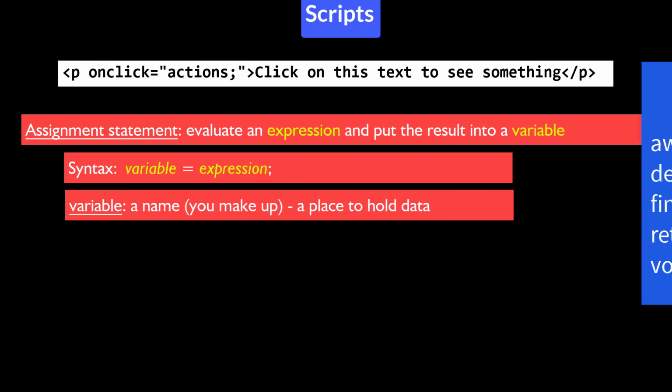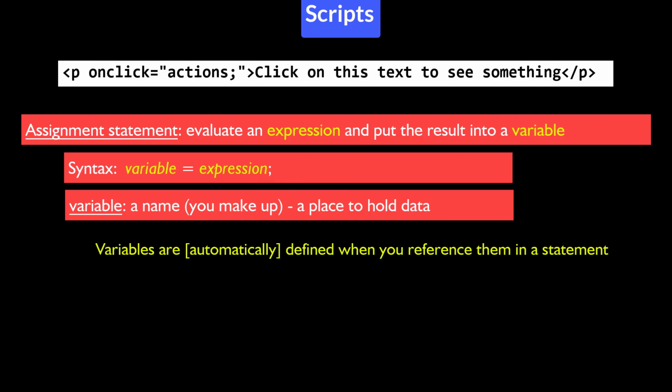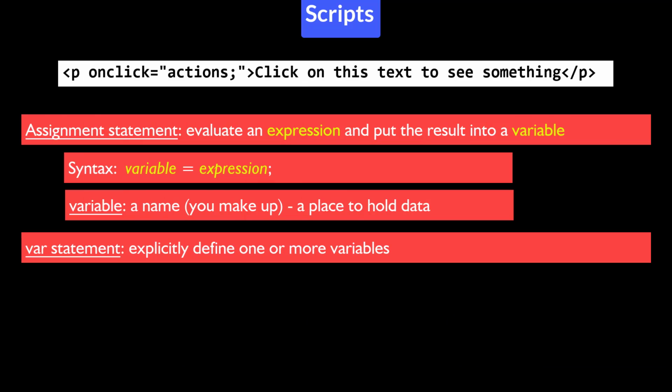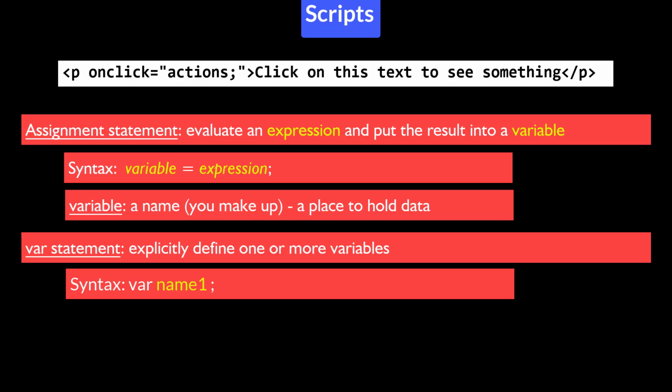Now, variables are defined when you reference them in a statement, or you may use the var statement to explicitly define one or more variables, and it's my preference or recommendation to explicitly define variables. For example, var name1, semicolon.